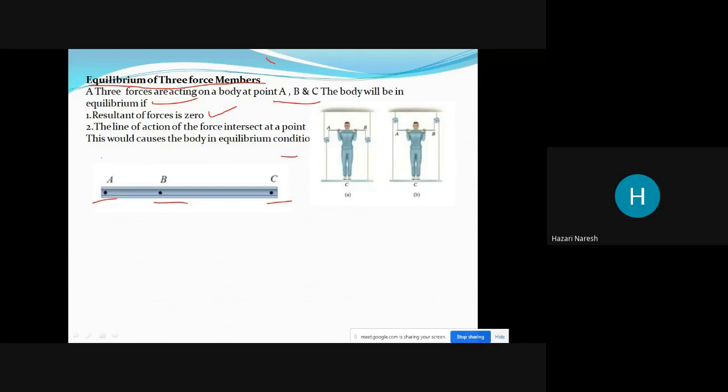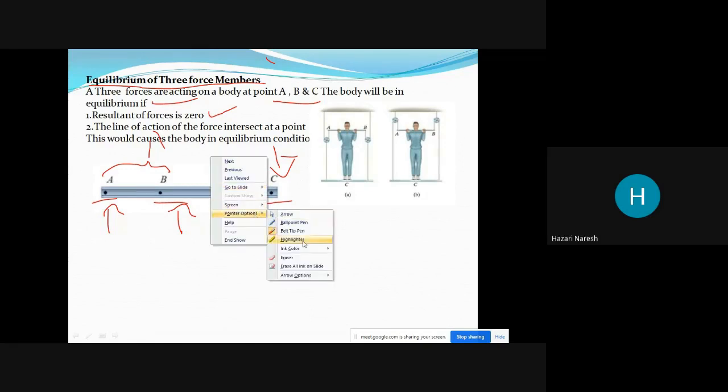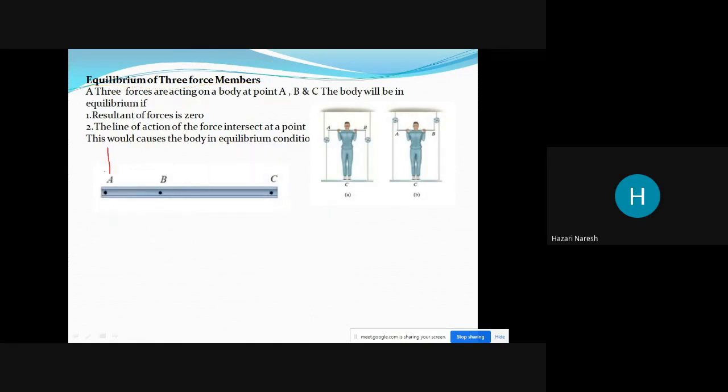If you take one force, second force, third force, and the resultant of two forces is moving in this direction, and one force is moving in this direction, this is not an equilibrium condition. So it is not satisfied. Suppose one force is acting in this direction, one force is acting in this direction, and one force is acting in this direction. Now the object has a chance of equilibrium. So now it is under equilibrium.